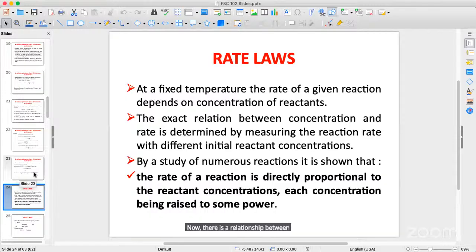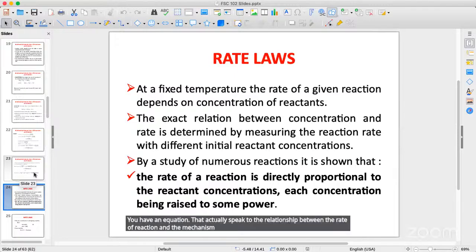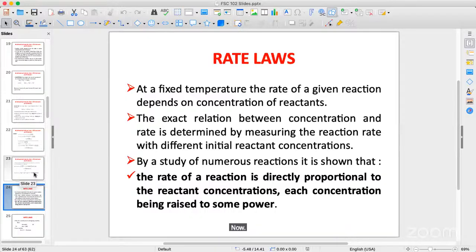In fact, you have an equation that speaks to the relationship between the rate of reaction and the mechanism of reaction. And the link between the rate of reaction and mechanism is what we refer to as the order of reaction.